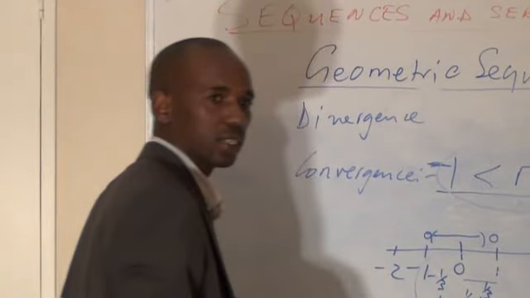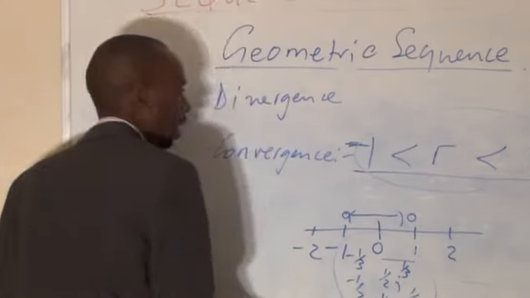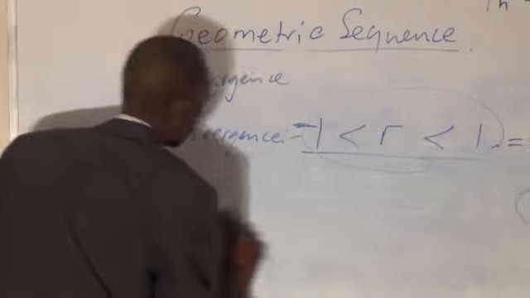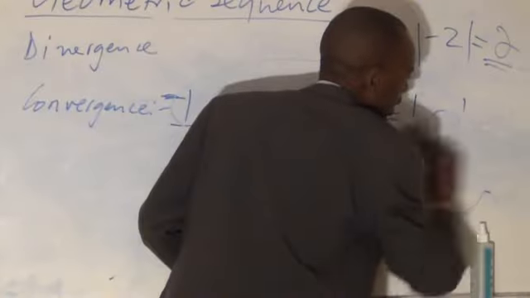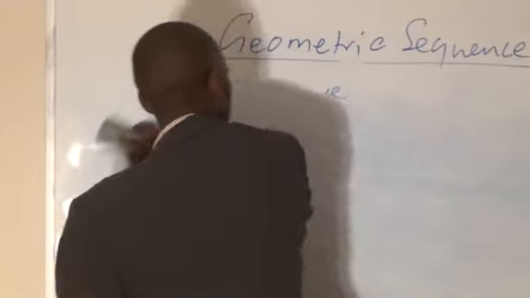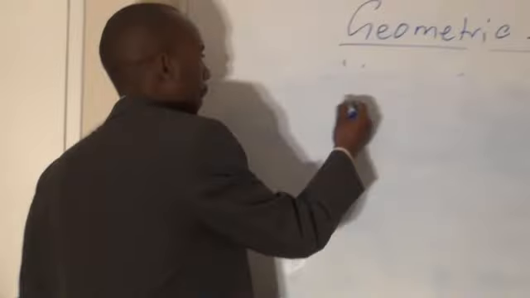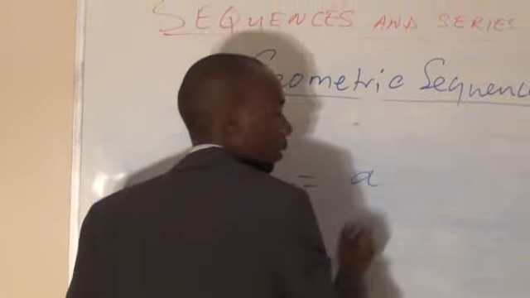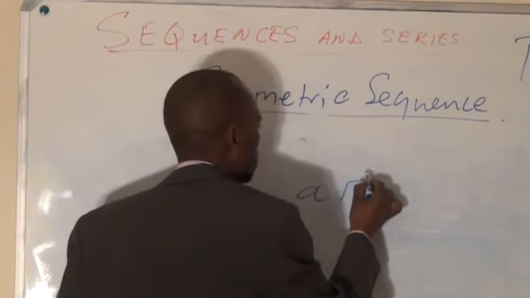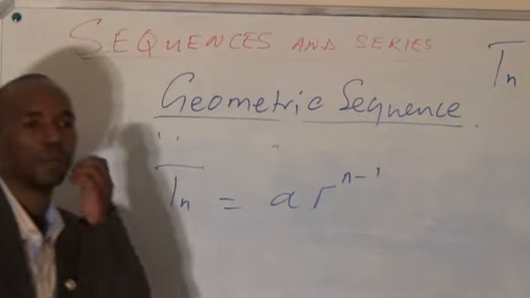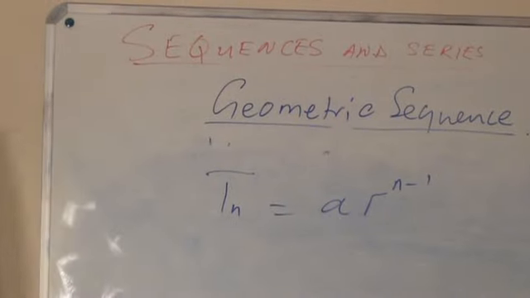How can we prove that? We can prove that very easily. Let's go back to what we said. The nth term of a geometric sequence, Tn, is equal to A times R to the power n minus 1. Are we happy?